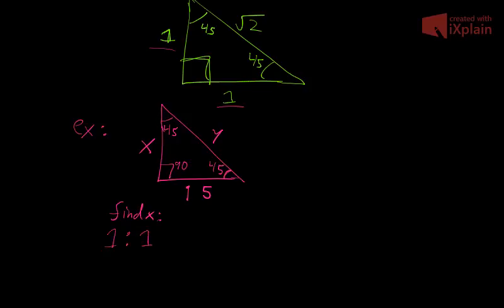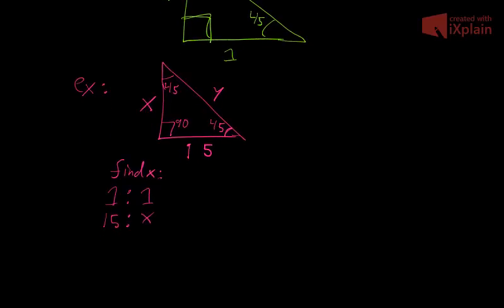That has to be equal to 15 to X, because the ratios of the sides here are going to be the same. So to get from 1 to 15, I multiply by 15. 1 to X, I'll also multiply by 15, which tells me that X must equal 1 times 15, which is 15, and just like that, I'm done.